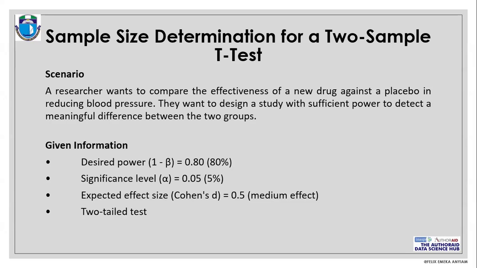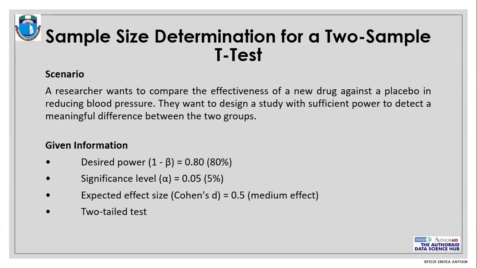So I need sufficient power to detect a meaningful difference between the two groups, so that if that drug is truly effective, it will show. Not that I'm going to guesstimate a number, and even when the drug is effective, I'm not seeing a significant p-value because I just chose any number that I like because of convenience. So I'm going to calculate the sample size using power.